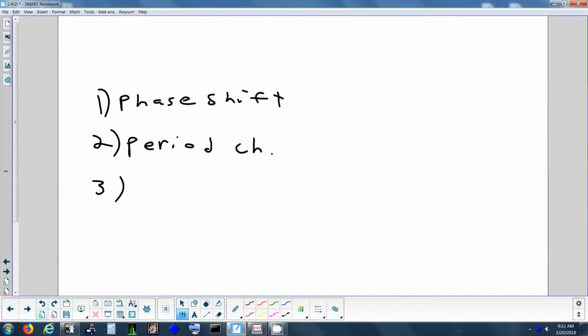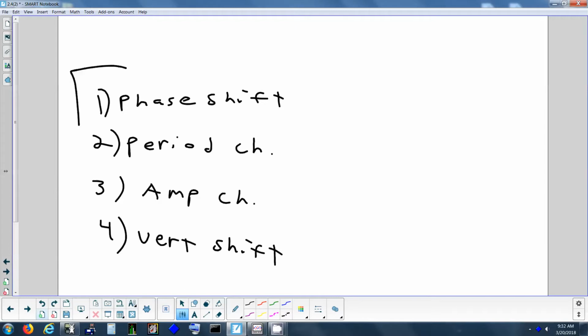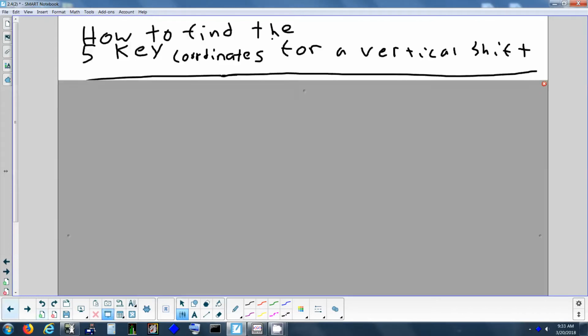The third one is amplitude change. And the fourth one is the one I'm teaching you right now, vertical shift. If you ever do all four in the same problem, that's the order you do them in. So no, the A just stands for amplitude. So I'm not really being consistent with my letters, but again, you guys don't have to worry about it.